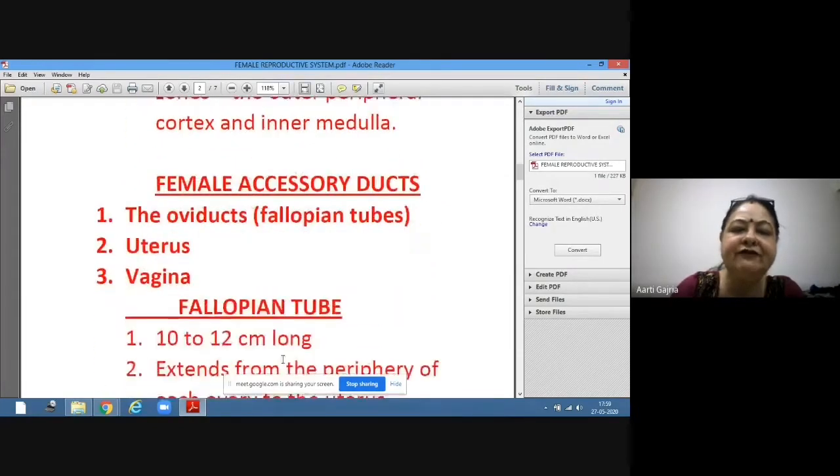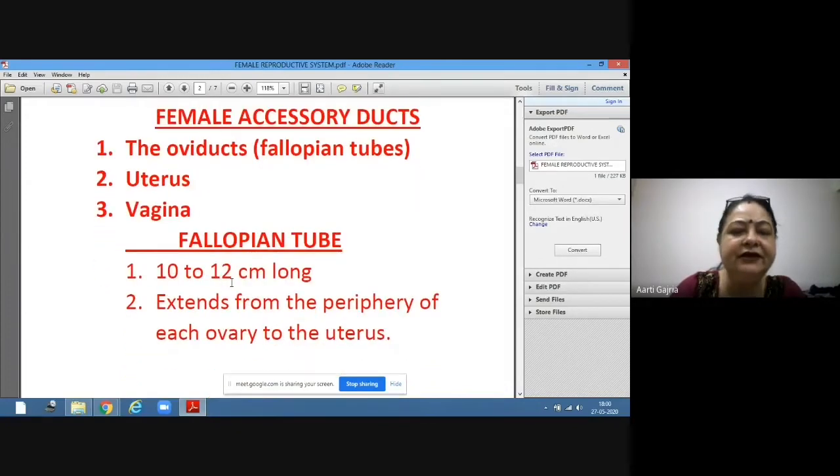Now we will see what are the female accessory ducts which are present in the female reproductive system. These ducts are oviducts, a pair of oviducts, which are also called fallopian tubes, uterus, and vagina.